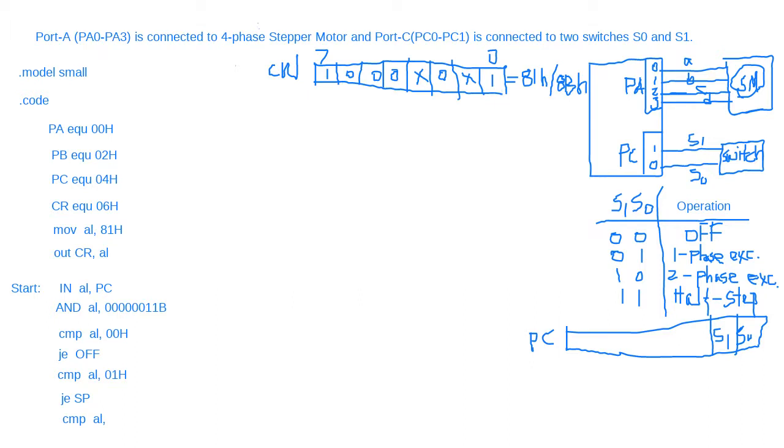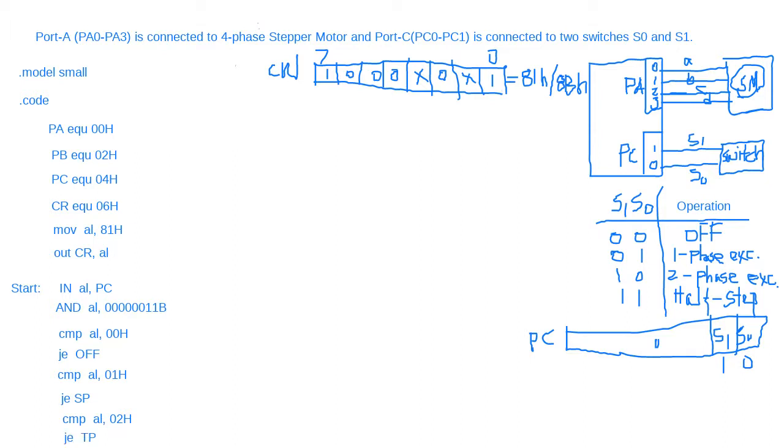If S1 and S0 are 1 0, it is two phase mode. It works for two phase excited mode. So 1 0 and all others are 0. So it becomes 02H. If it is equal, jump equal, then go to two phase mode.